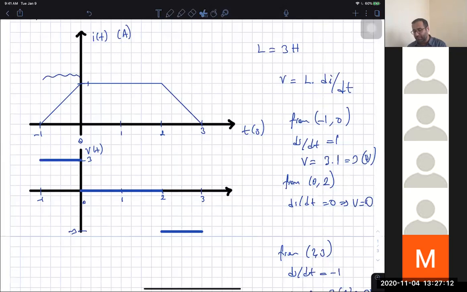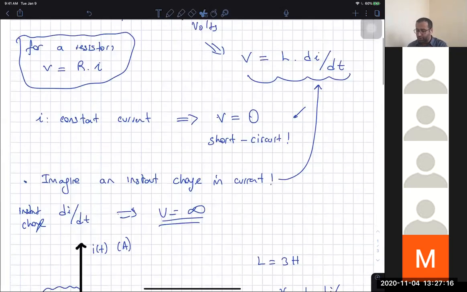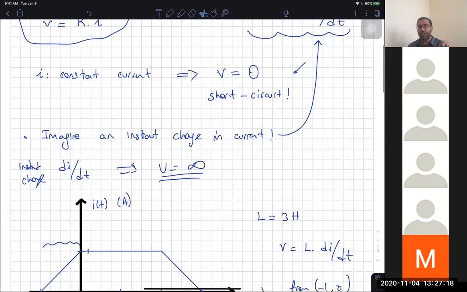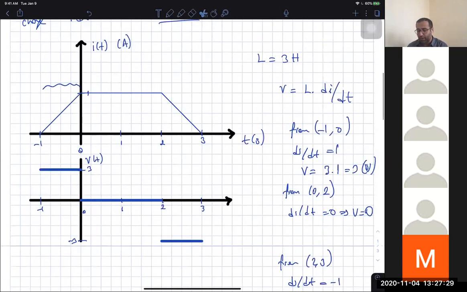It's a nice feature. So we said, I think somewhere here, you cannot have an instant change in current, right? This is not really possible because you would have an infinite voltage. But if you look at this plot, although we cannot have an instant change in current, we have instant jumps in voltage, right? So you should always remember this.